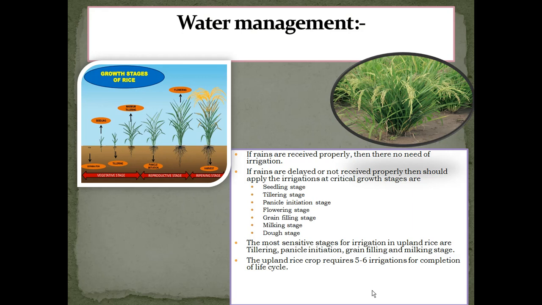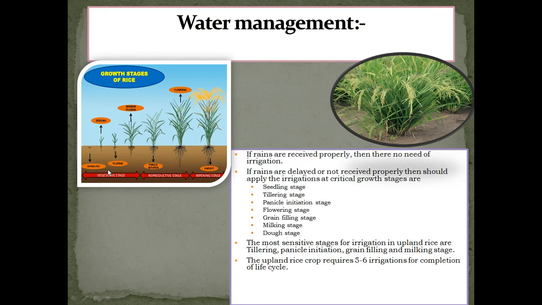Next, we can see the water management. As we see here in the photographs, the different stages of rice are the germination, next the seedling, then tillering, the maximum tillering stage, then panicle initiation, then flowering, and finally harvest.